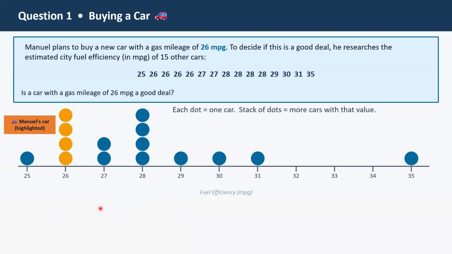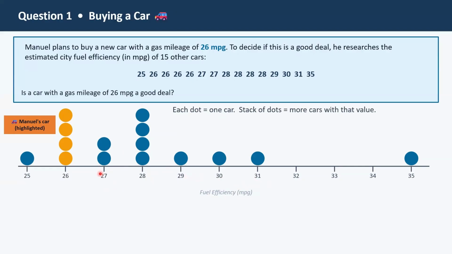This tells me most cars are getting better mileage than 26 because there are so many cars that have fuel efficiency of 27 miles per gallon and 28 miles per gallon. Also 29, 30, and 31 miles per gallon.